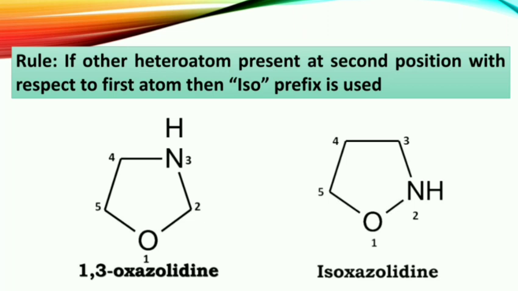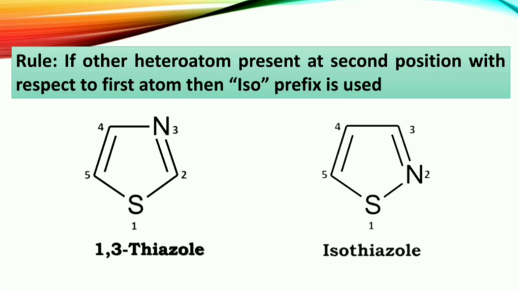Then see another example which contains sulfur and nitrogen. In the last structure we saw oxygen and nitrogen, so the first preference goes to the oxygen. In this structure you can see sulfur and nitrogen in the ring, so the first preference goes to the sulfur.